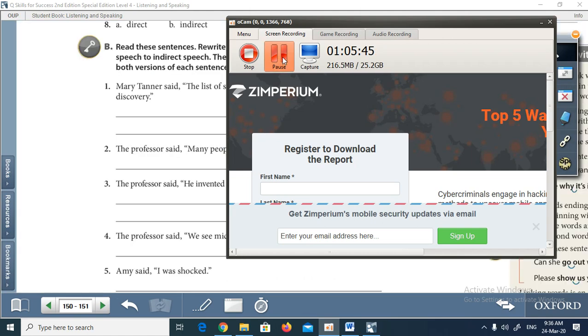All right. We need to move on to exercise B. In exercise B, they are asking us to rewrite the sentences, which are all currently direct speech, into indirect speech. Before we do that, I want us to go through two practical and simple examples.